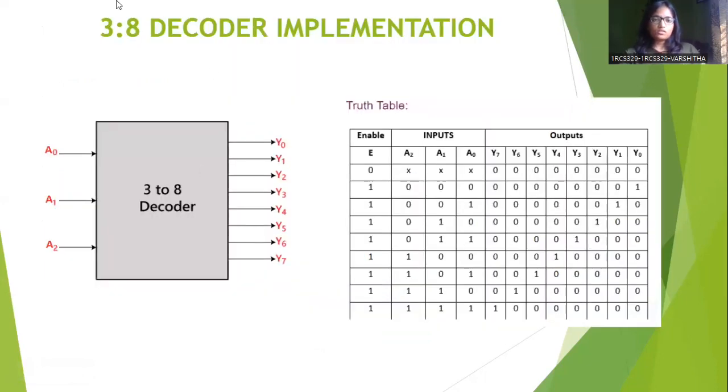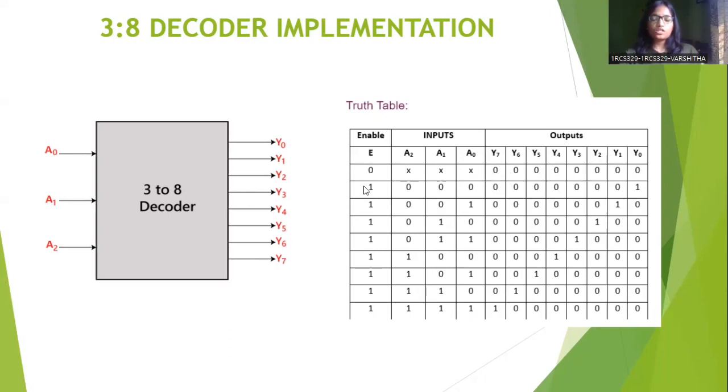Now let's discuss the 3:8 decoder implementation. Here we pass 3 input signals and it generates 8 output signals. Y0, Y1, Y2, Y3, Y4, Y5, Y6, Y7 are the minterms of the A0, A1, A2 input signals. In the off state, the enable input is zero and all minterms would be zero.